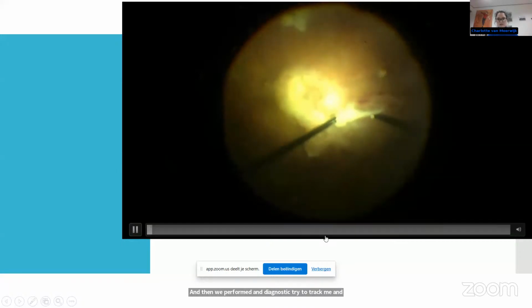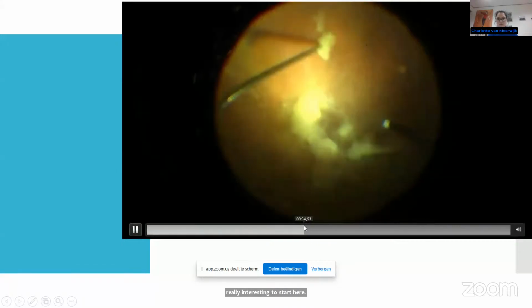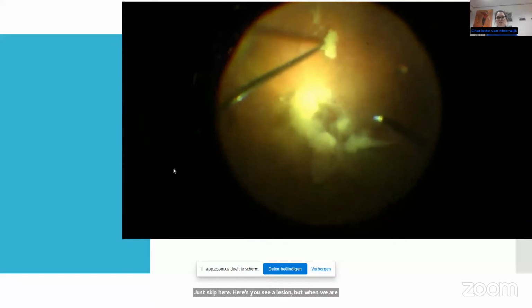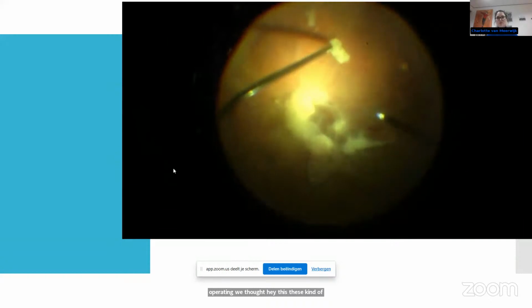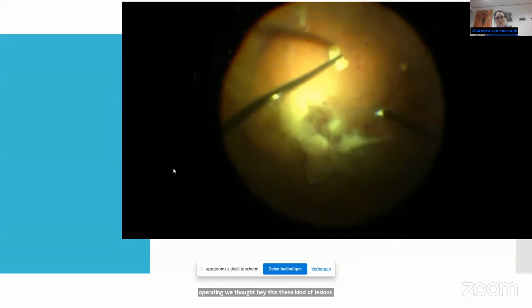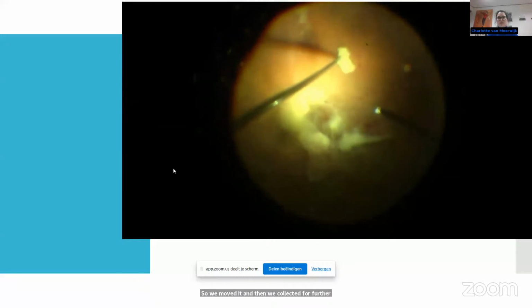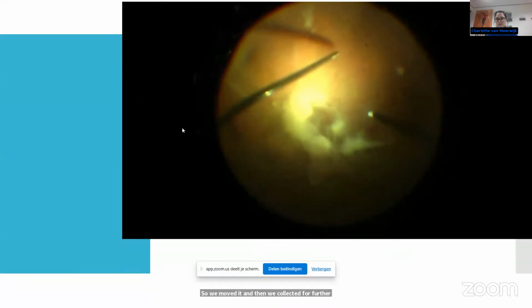I just skip ahead. Here you see a lesion, but when we were operating, we thought, hey, these kinds of lesions were pre-retinal, and we had thought it was just subretinal. So we moved it, and then we collected it for further diagnosis by the pathologist, as you can see here.